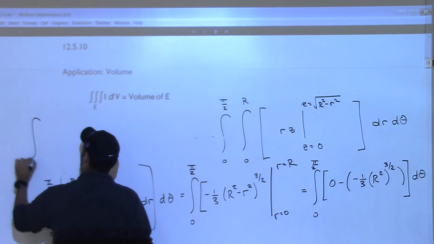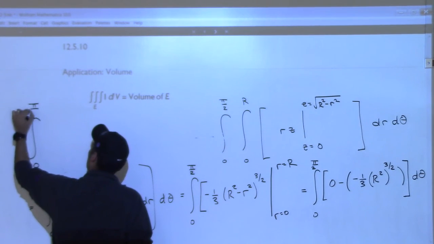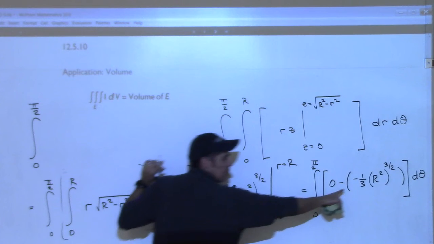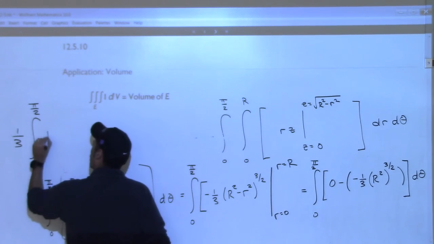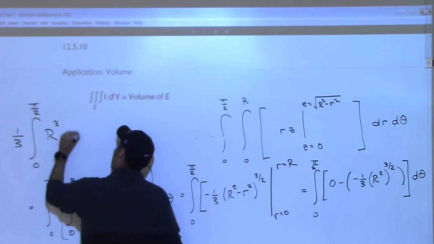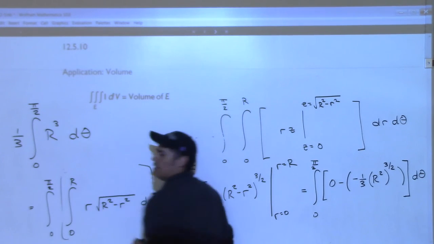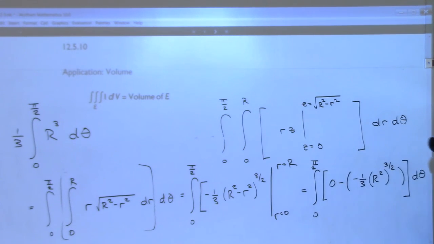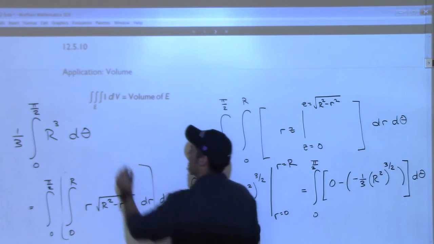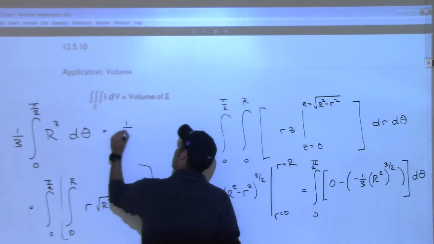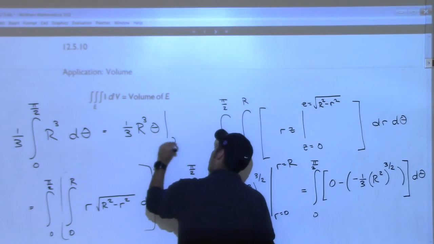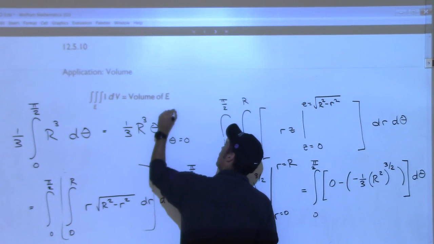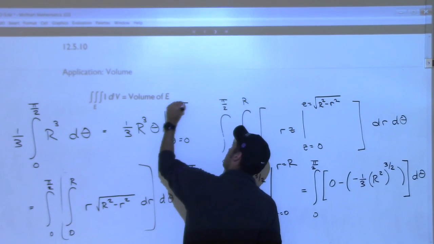So here's where we are. We have 1/3 R cubed, but I'm going to bring the 1/3 out. We have R cubed, and we're now integrating that with respect to theta. What's the antiderivative of R cubed with respect to theta? R cubed theta. So this is 1/3 R cubed theta, and we're going to evaluate that from theta equals 0 to theta equals pi over 2.